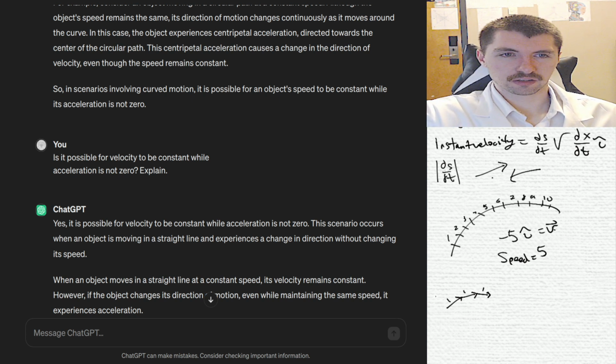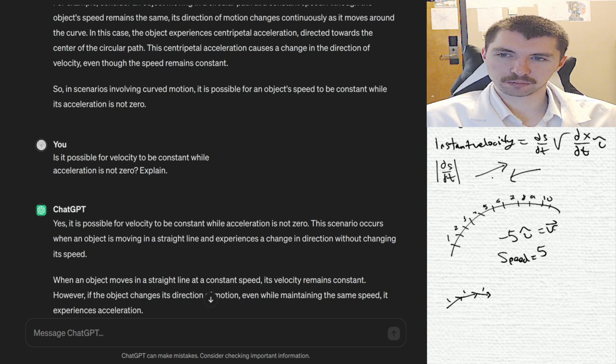It's saying velocity is constant. So it's equally changing speed and direction.